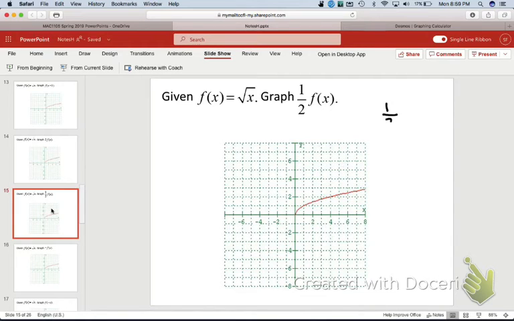So we're looking at 1/2 square root of x. Instead of stretching it vertically by a factor of 2, we're going to shrink or compress this vertically by a factor of 2. So it's going to shrink it.